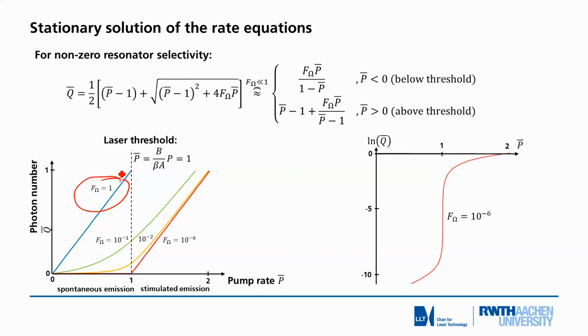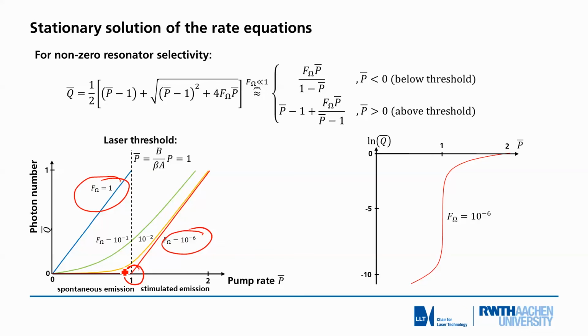However, for realistic f omegas in the range of 10 to the minus 4 to 10 to the minus 6, you see these curves get very close to a steep increase at the laser's threshold, p equals 1.